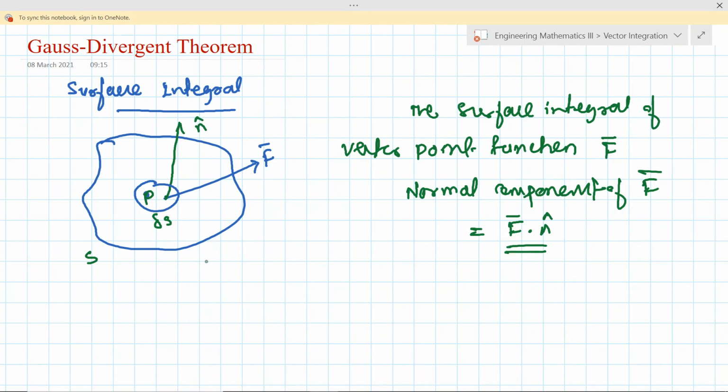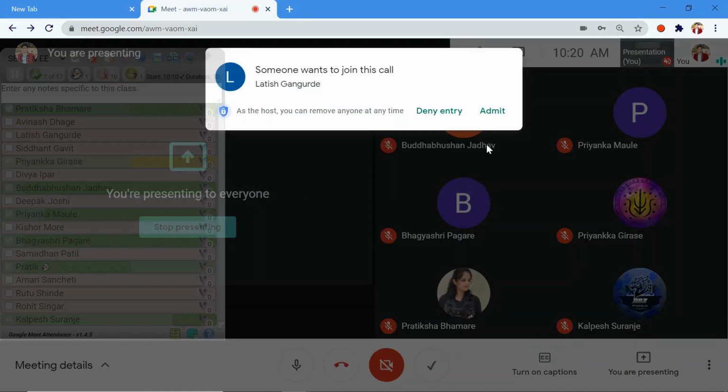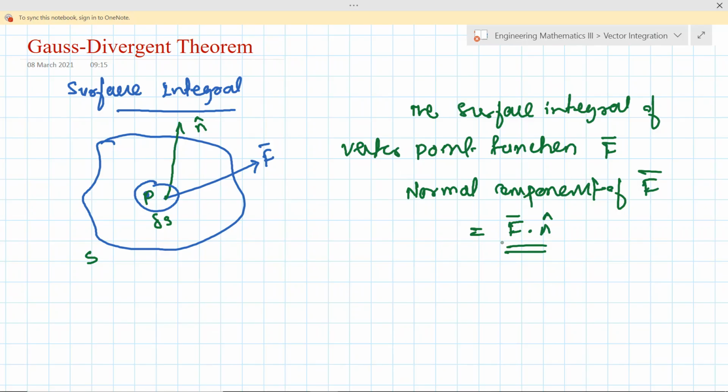It is actually the double integration over the surface S. So the surface integral is defined as follows: consider the surface, and f bar is a vector point function at P enclosed by the element of area delta S, and n cap is a unit vector normal to this surface or elementary area delta S at the point P. Therefore the normal component of f bar is f bar dot n cap, as we have seen.